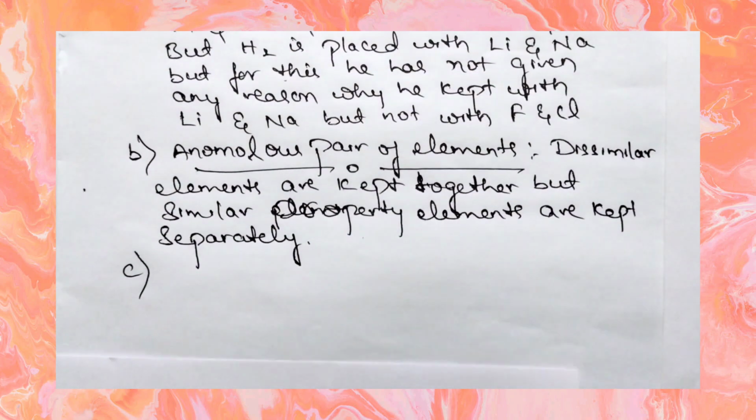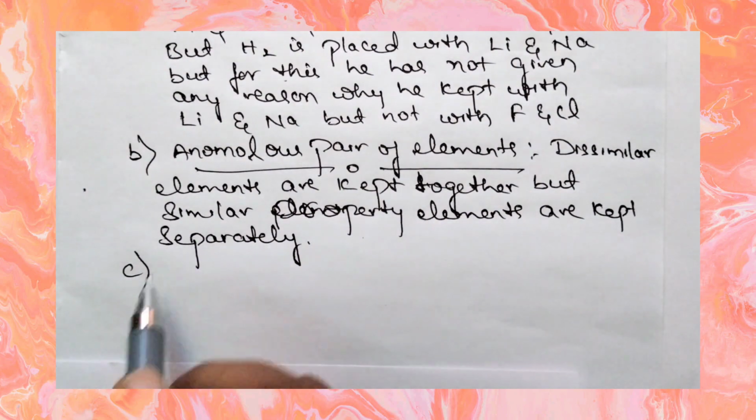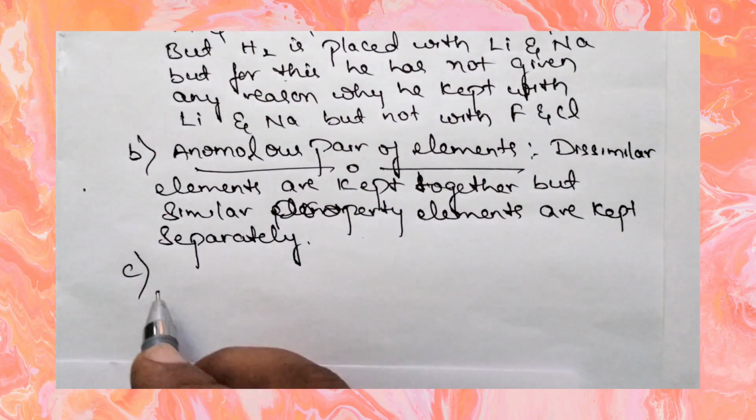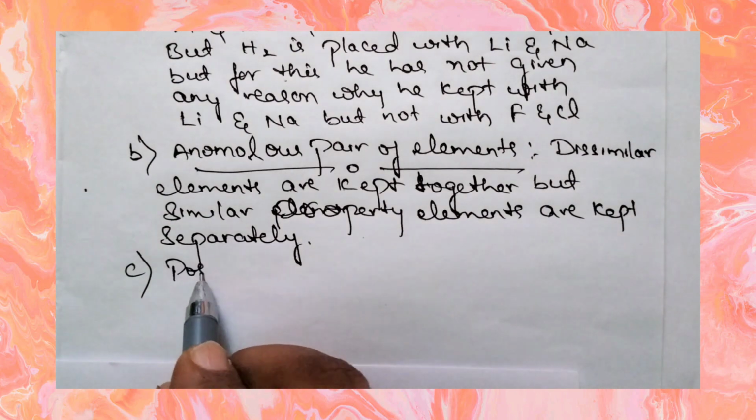Coming to the third disadvantage of Mendeleev's periodic table, that is position of isotopes.